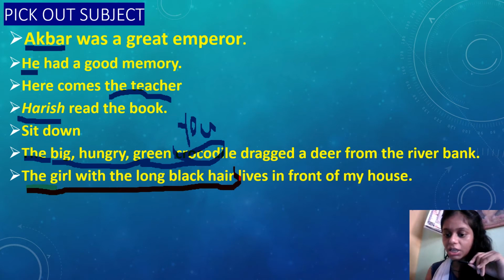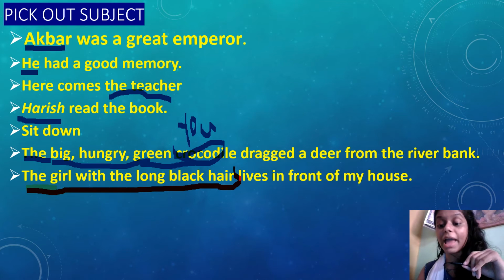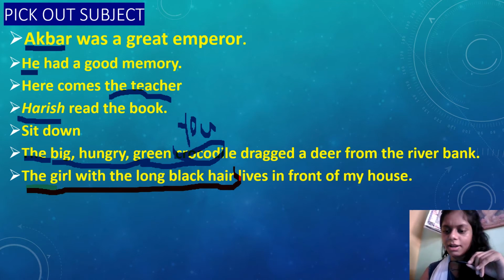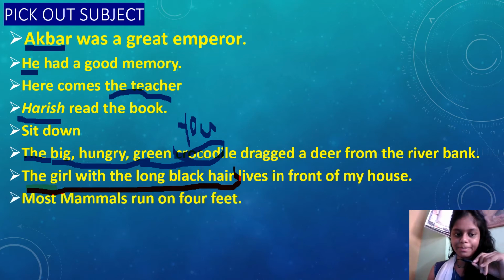If you mark only "the girl", it will be a wrong answer. Who has the long black hair? The girl. The girl is a noun, and these words are also correlated with the girl. So that's why this full phrase will be your subject and the remaining part will be your predicate.